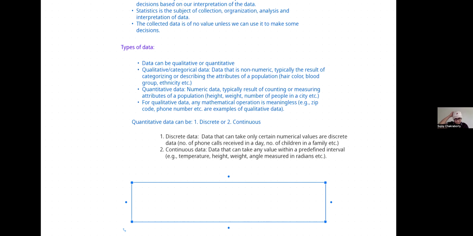And this is what we mean by qualitative or categorical data.